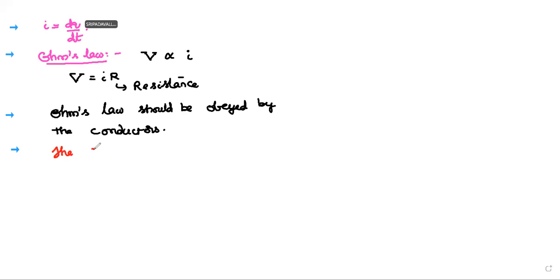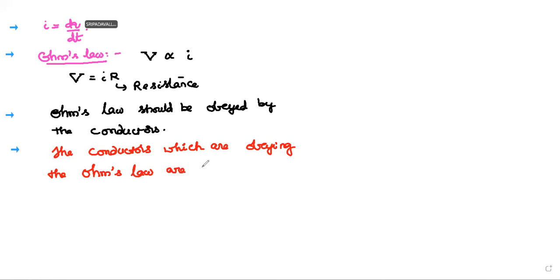So the conductors which are obeying the Ohm's law, we are segregating, they are called ohmic conductors or simply ohmic resistors.